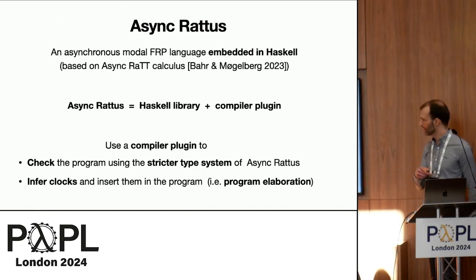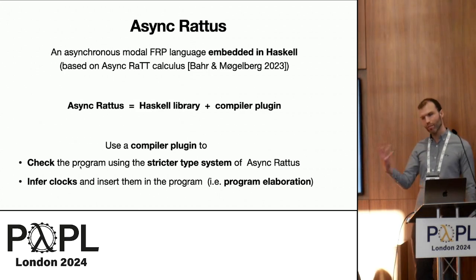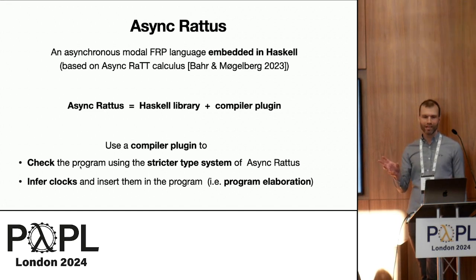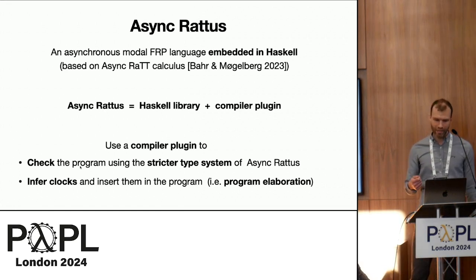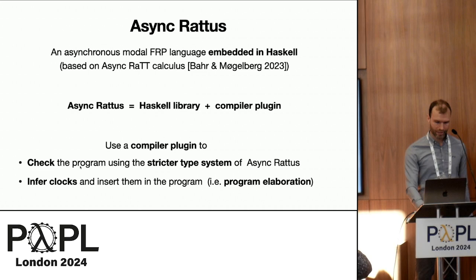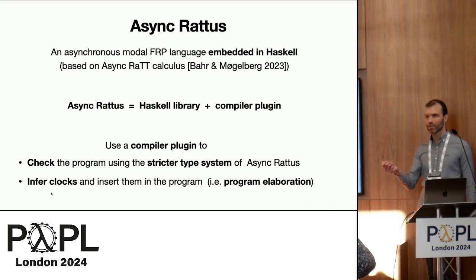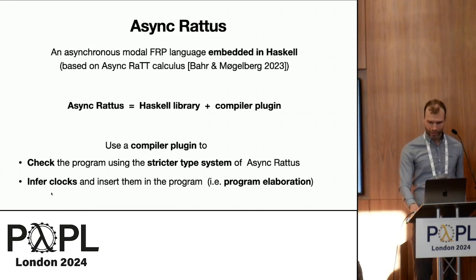It does two things. First of all, it checks. The compiler plugin has access to the AST, the Haskell syntax tree, so it can check the type system of Async Rattus, with additional checks. And secondly, it also infers these clock annotations, and they're inserted automatically by the system. So it is some form of program elaboration done by the compiler plugin.